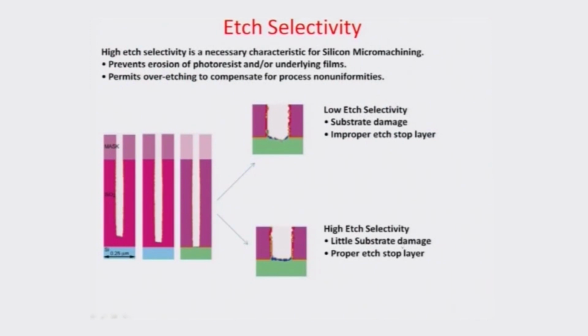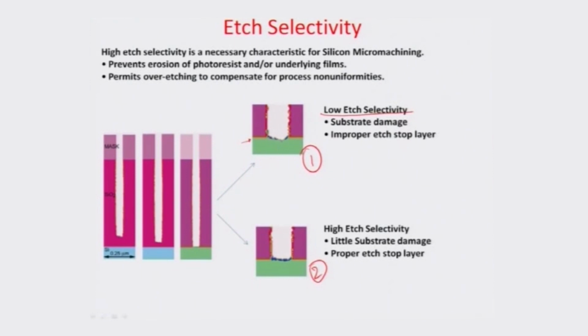Selectivity can also be defined by the way that the etching performs while meeting this selective layer. For example, there are two illustrations here, case 1 and case 2. Here, the etch selective layer is this yellow layer between the green and the pink, and the etchant is not very selective. So, it has low etch selectivity.